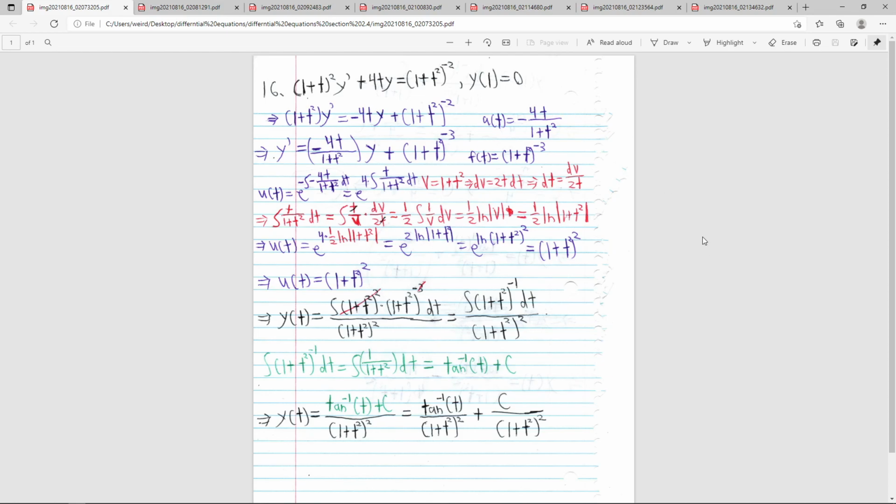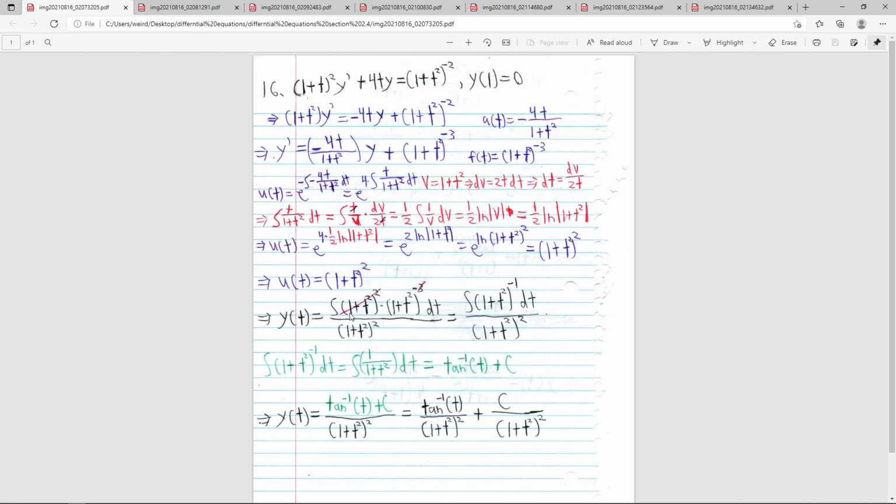So again, we do the same process. We have to isolate y prime by itself. You have a complicated a term and f term. V substitution is needed to get u of t in the end, like to integrate for u to get our integrating factor u of t. But it's nothing that hasn't been seen before. And we even have a cancellation of absolute value in natural logs and stuff.